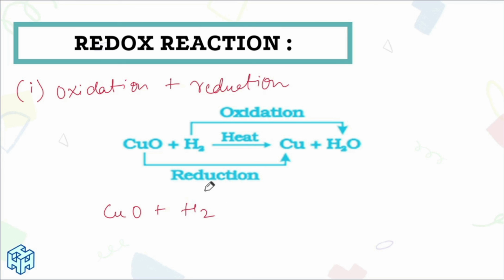See, if I consider the above example, one oxidation is happening and one reduction is happening. Here reduction is happening, that is removal of oxygen. Here what is happening? Addition of oxygen. Removal of oxygen, addition of oxygen.